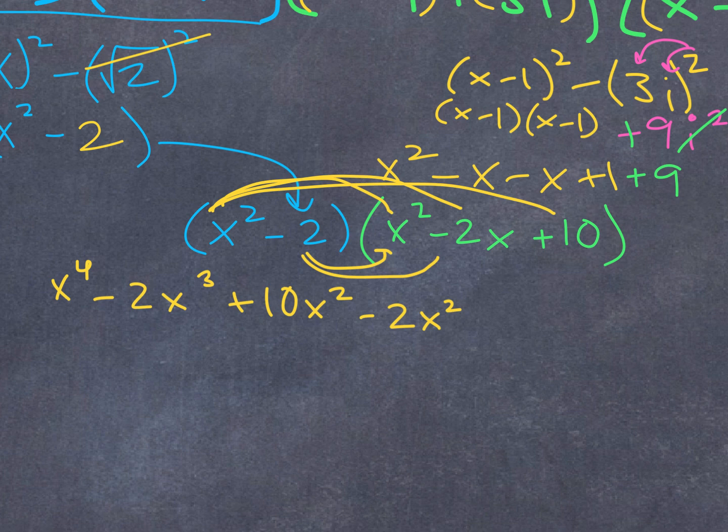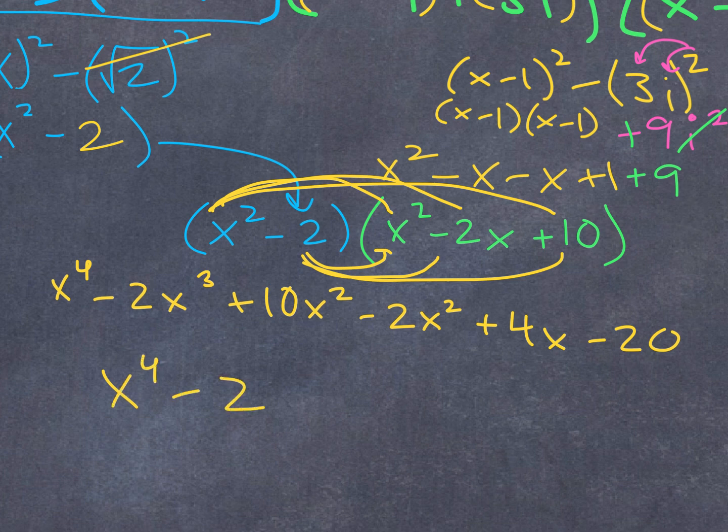Negative 2 times negative 2x is plus 4x. And negative 2 times 10, negative 20. Last step, combine our like terms. So x to the 4th power minus 2x cubed. This would be plus 8x squared. Plus 4x minus 20.